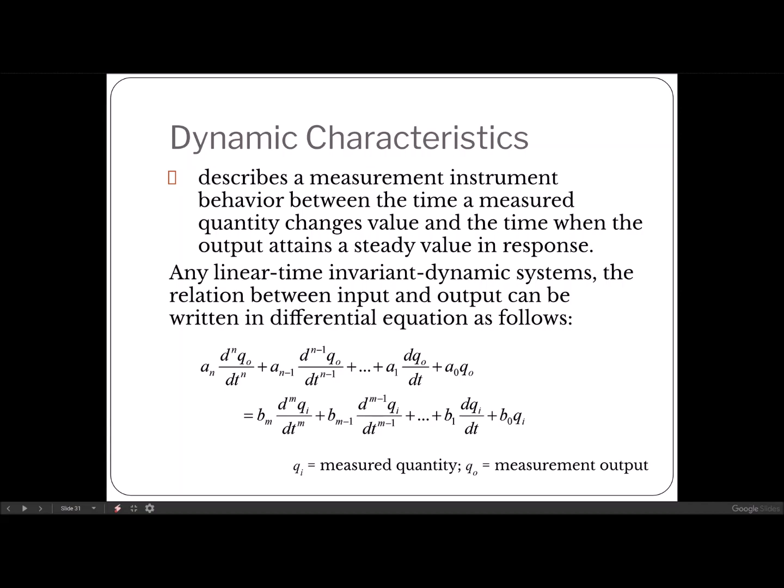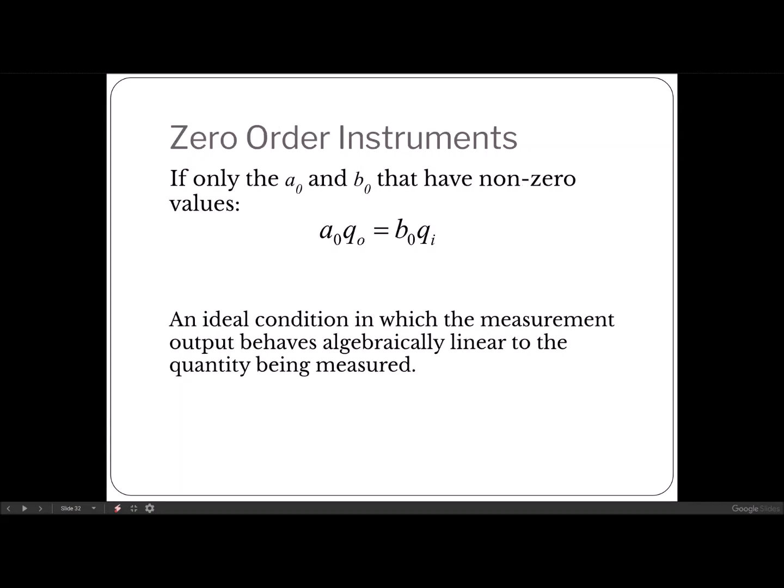The relationship between Qi and Q0 is represented by a differential equation because we have dynamic systems. Okay, so looking at this dynamic system, we have different orders of instruments.